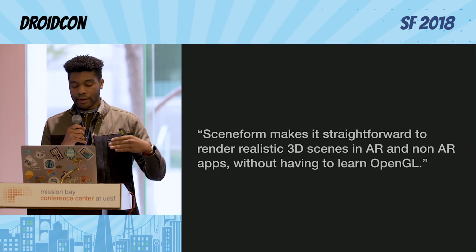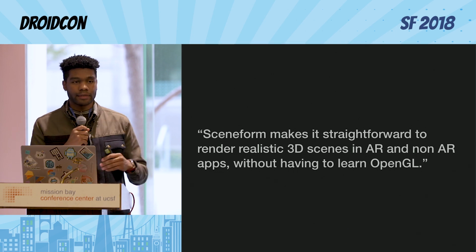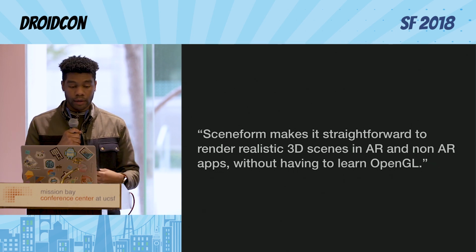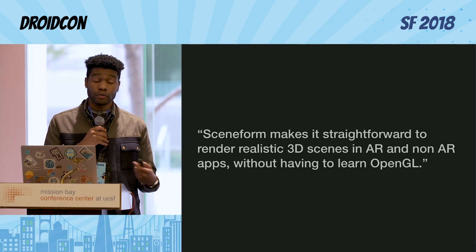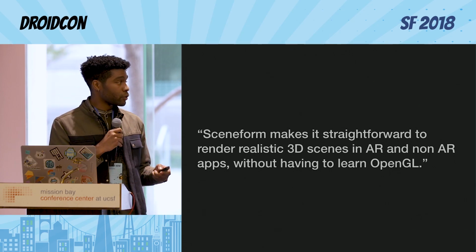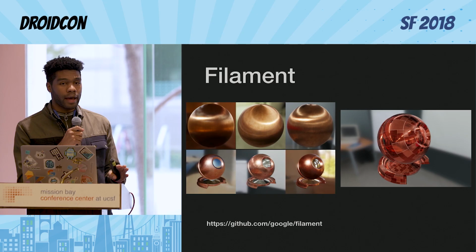It includes a lot of helpful things, but one of the things that I want to point out is that it has its own physically based renderer, or what's known as a PBR, provided by Filament. And Filament is a library also provided by Google. If you haven't looked into Filament, please do so. I'm just going to touch on it really quick. What it does is it just adds a physics touch to your AR objects.